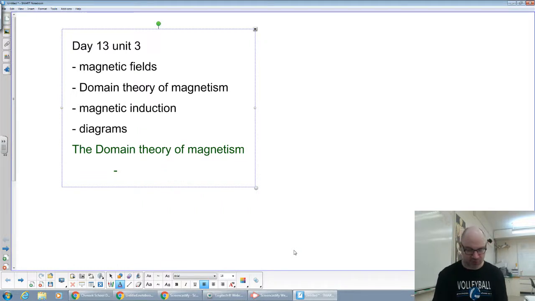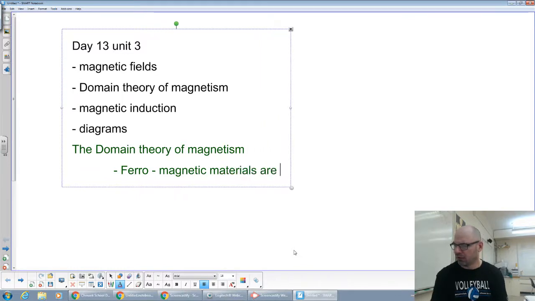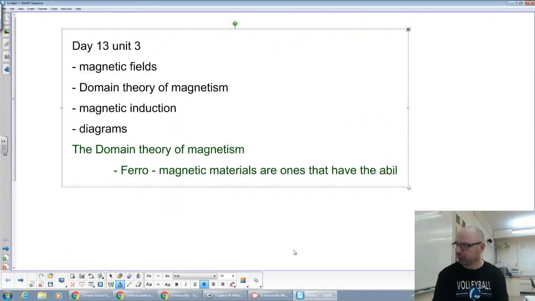That's a term that they use. So ferromagnetic materials are ones that have the ability to become magnetic.